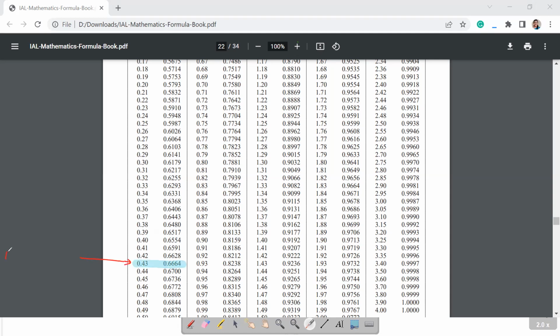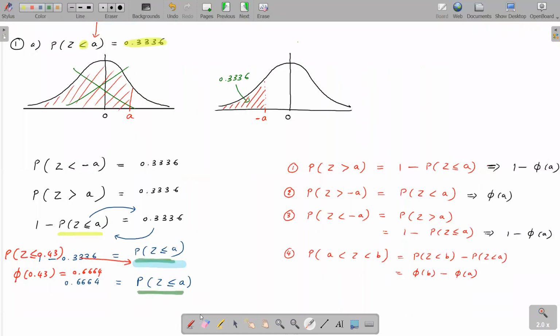So you know this corresponds to Z less than or equal to 0.43, or basically phi 0.43, which is equal to 0.6664. So we already have the less than or equal expression here.